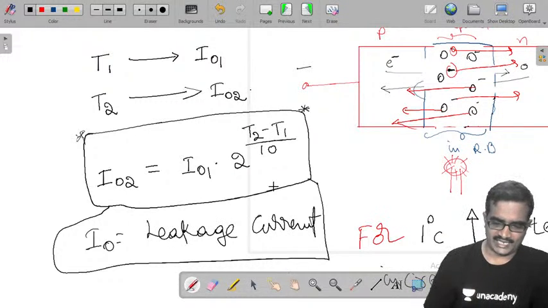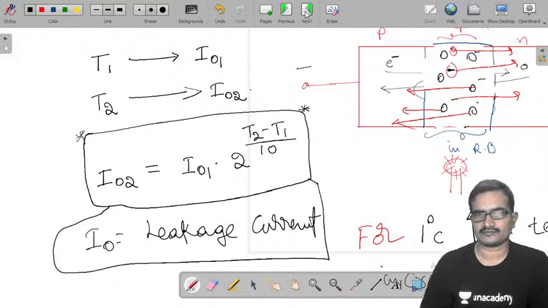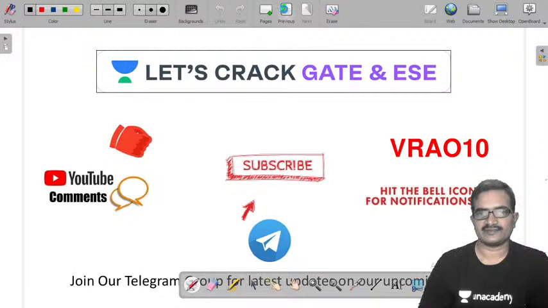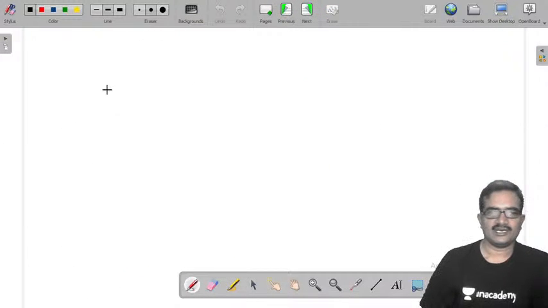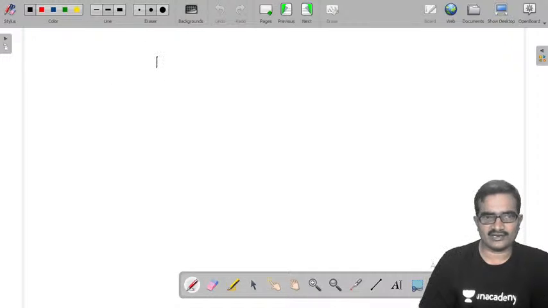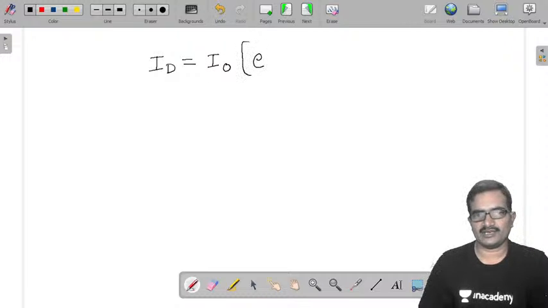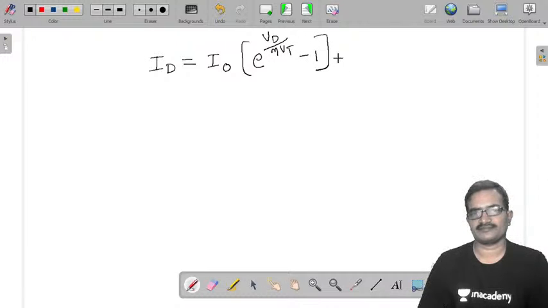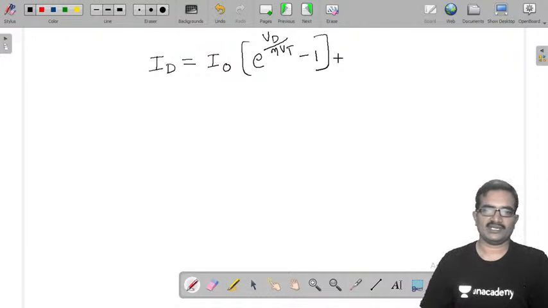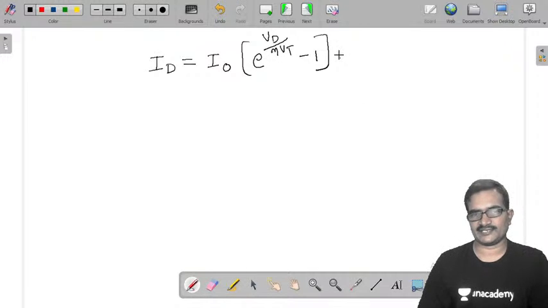And one more. We already derived the diode current equation. That part is completed. We've written ID is I naught into e power Vd by eta Vt minus 1. This is the exponential way of representing the diode current.